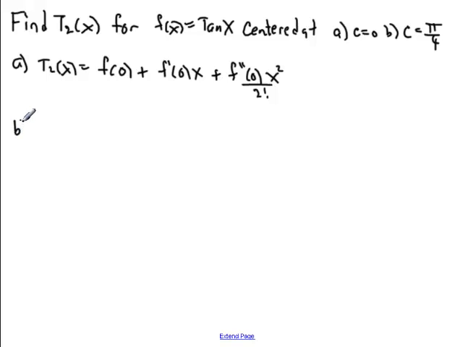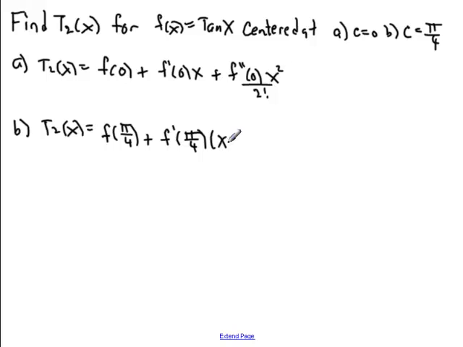For b is very similar. Just to note, t2 of x is going to be f evaluated at pi over 4, again x to the 0 over 0 factorial, plus f prime at pi over 4.